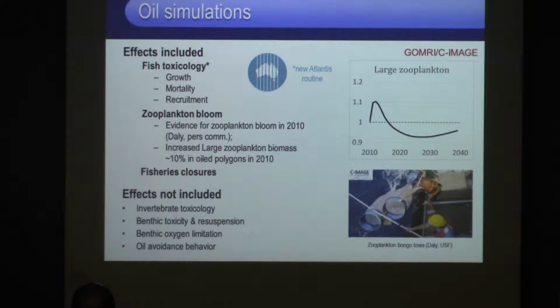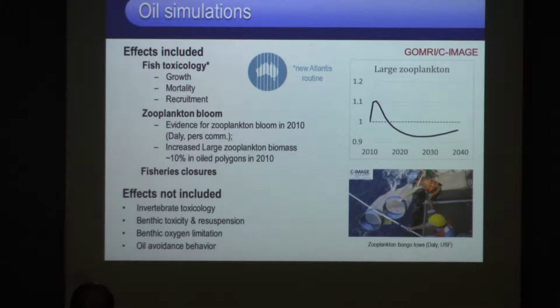So now moving on, that's development of Atlantis, and there's basically 2 projects right now that we're using Atlantis for. One, which I'm not presenting on today, is linked with the Integrated Ecosystem Assessment, the IEA project that NOAA has, which is basically sort of their formal umbrella for ecosystem-based management.